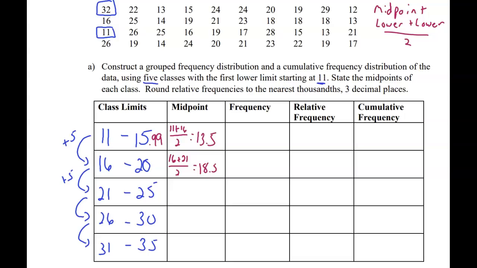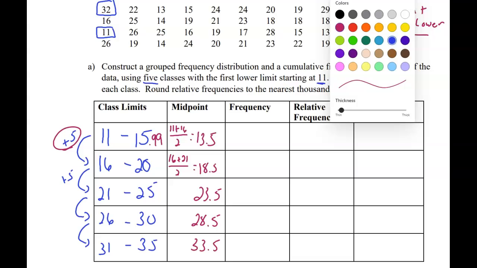Now notice, what's the difference between these two? 18.5 minus 13.5 is 5. I'm going to add this class width down. So I will get 23.5, 28.5, and 33.5. Class limits and midpoints are going to increase by this class width all the time. Okay?